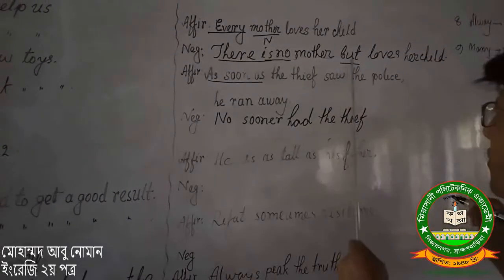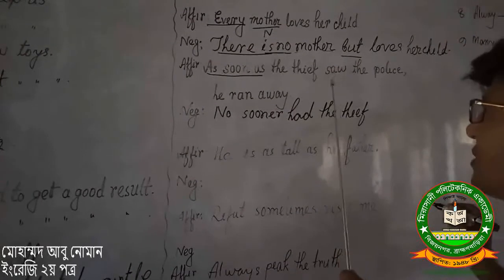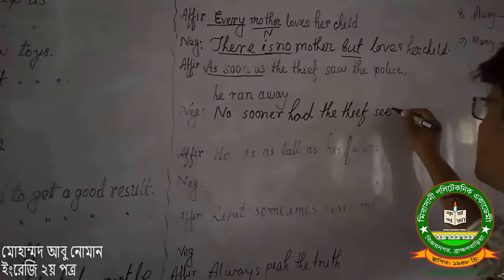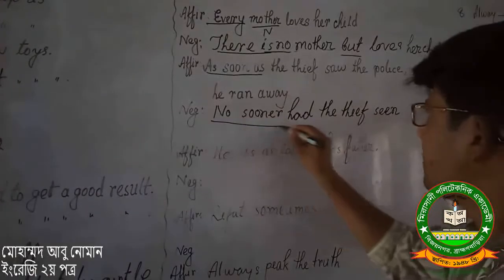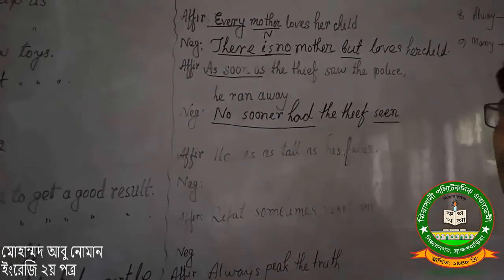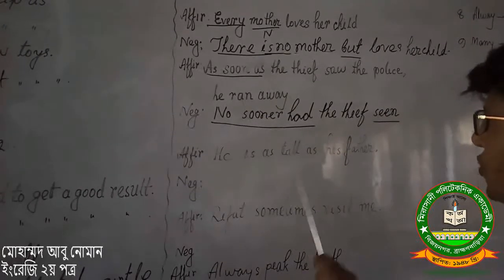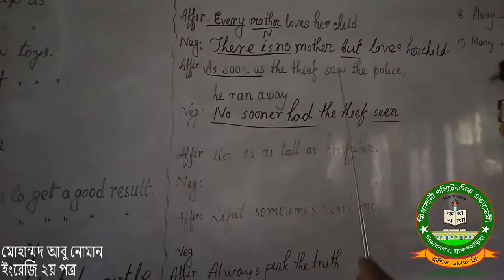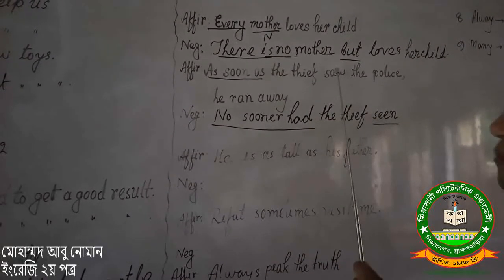Here the past form of the verb, saw, we will turn into the past participle, seen. As soon as turns into no sooner had, then the subject and the past participle of the main verb.